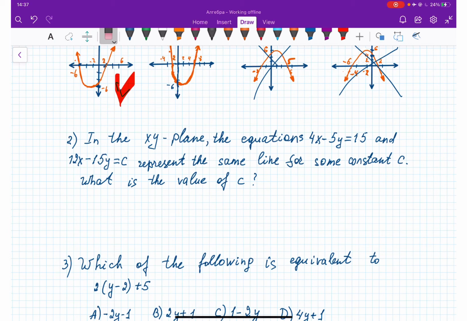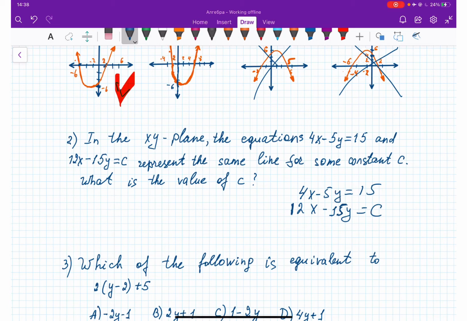If it's the same line, so what are we going to do? Let me write down 4x minus 5y equal 15, 12x minus 15y equal c. What do we see here?